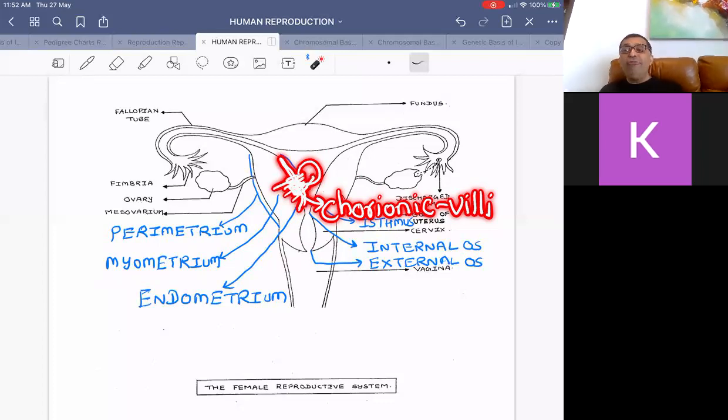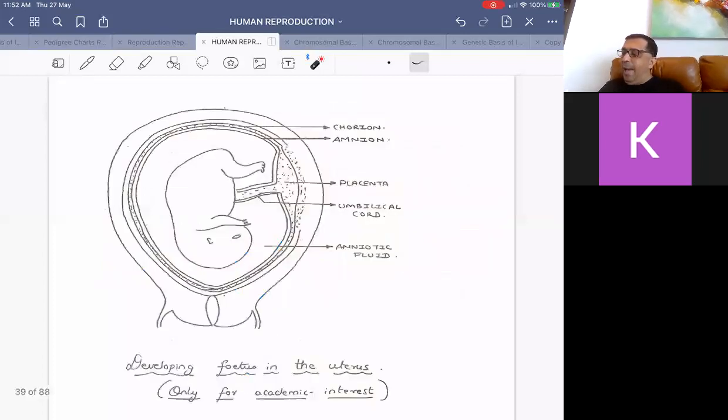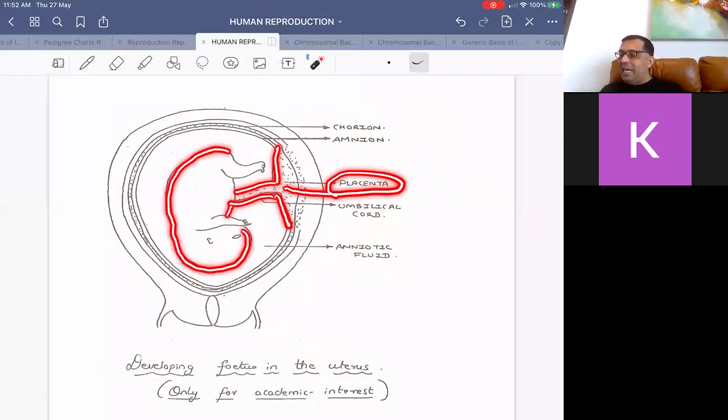And in the future, this point of contact with chorionic villi becomes a big bag-like structure called the placenta. And placenta से arise होता है umbilical cord, which is attached to the fetus inside.